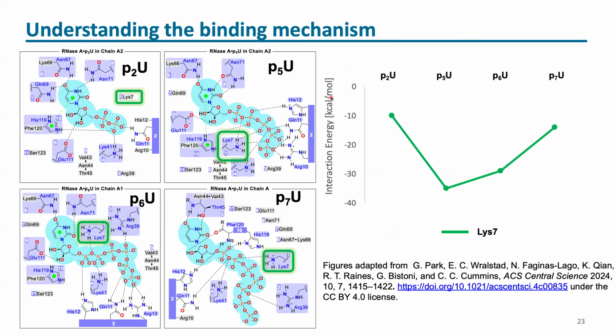So if we look at the trend of this interaction for different oligophosphates, we see that the trend is analogous to that found for the binding energy, with a minimum located exactly again for P5U. So clearly the situation is a bit more complex than that, and we cannot explain the trend of binding energy simply using a single interaction site, okay?